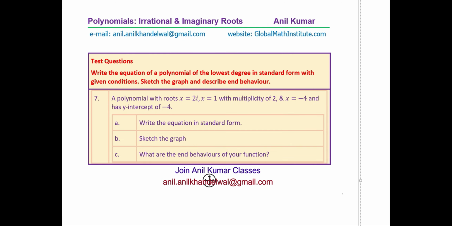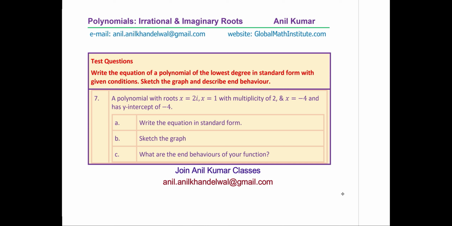Similar to this, we have question number 7. The only difference is now we have a complex root. A polynomial with roots x equals to 2i, x equals to 1 with multiplicity of 2 and x equals to minus 4 and has y-intercept of minus 4. In that case, you need to find the equation of the polynomial in standard form, sketch the graph, and describe the end behavior of this function.